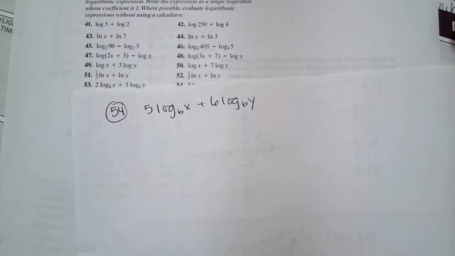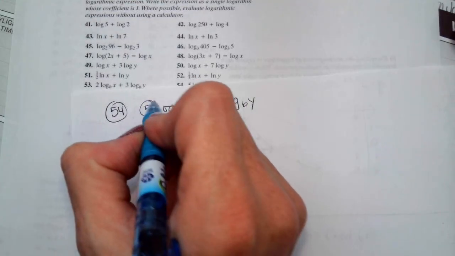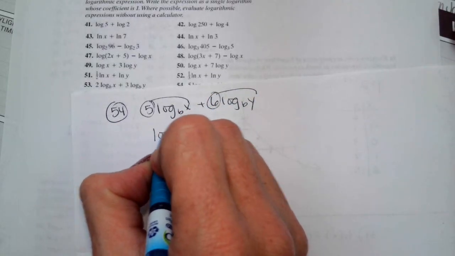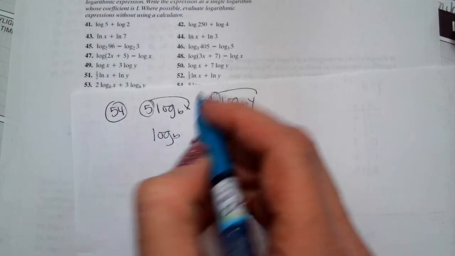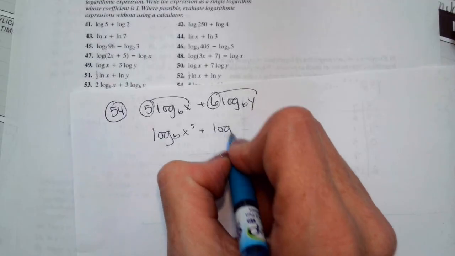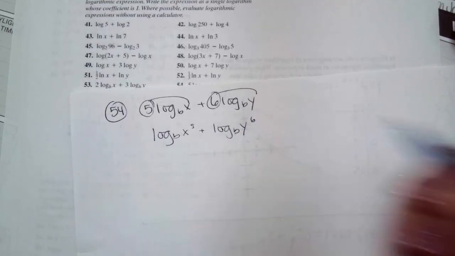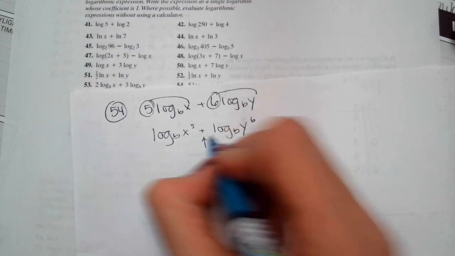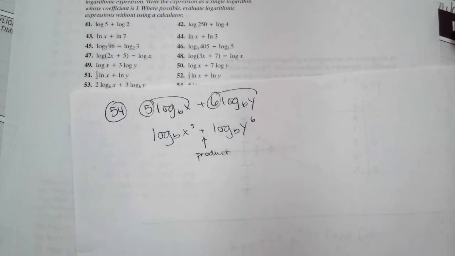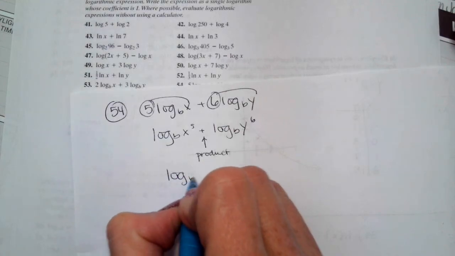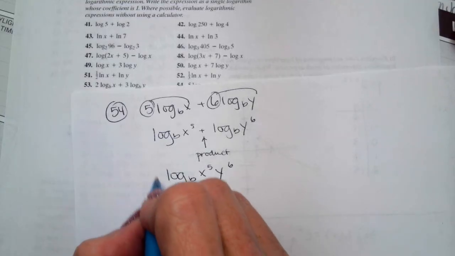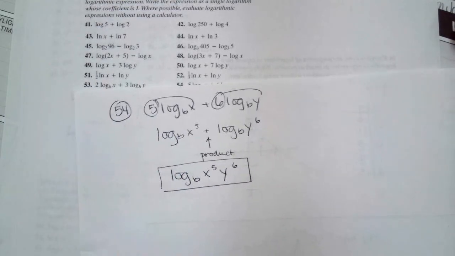And we are going to go ahead and use the power property first. So then you've got log base b of x to the 5th plus log base b of y to the 6th. This addition tells us to use the product property. So then we have log base b of x to the 5th, y to the 6th. And then that would be your answer.